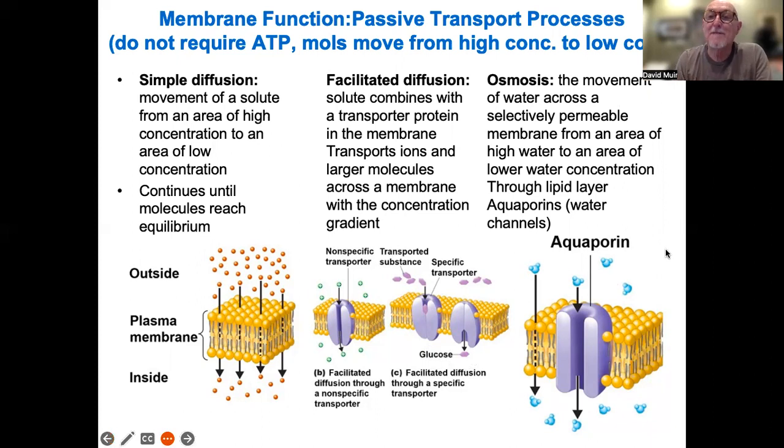There is one specific group of proteins adopting this facilitated diffusion, and those are those which move water. I've already given you the name of those. These are the aquaporins, and they allow water to pass across the cell membrane. A little bit of water can make its way across, but it's very inefficient. Instead, the aquaporins allow the free passage of water to the inside of the cell.